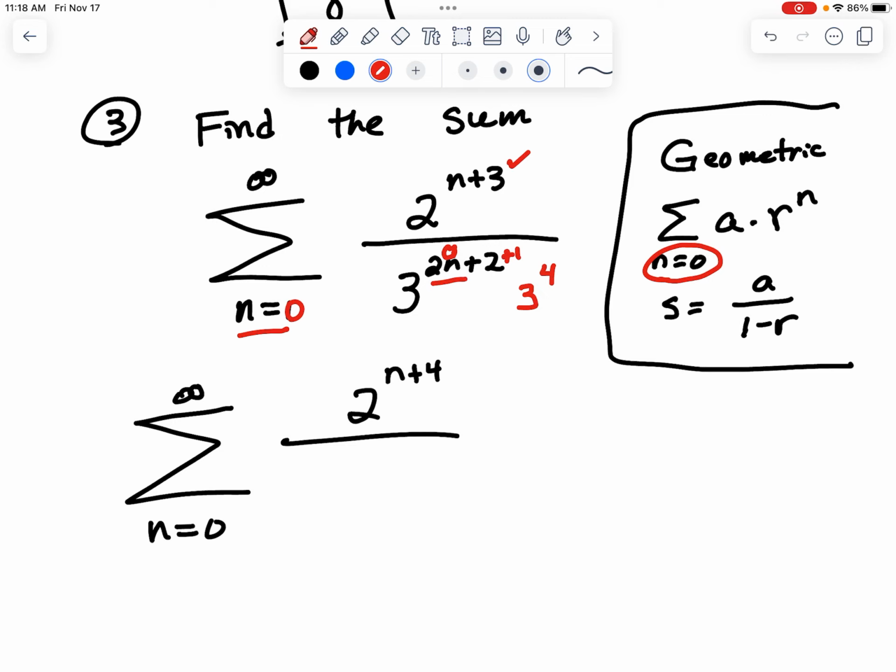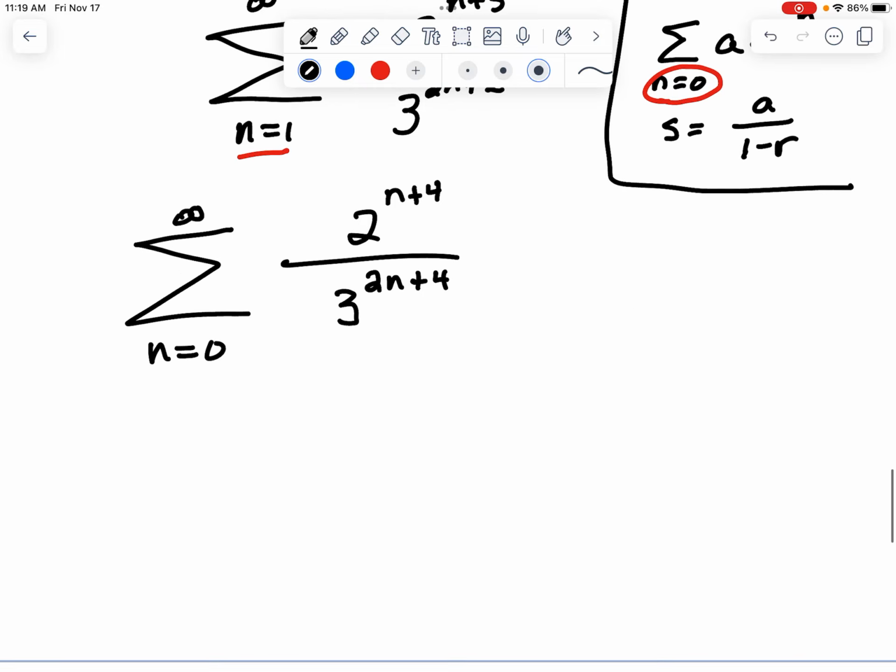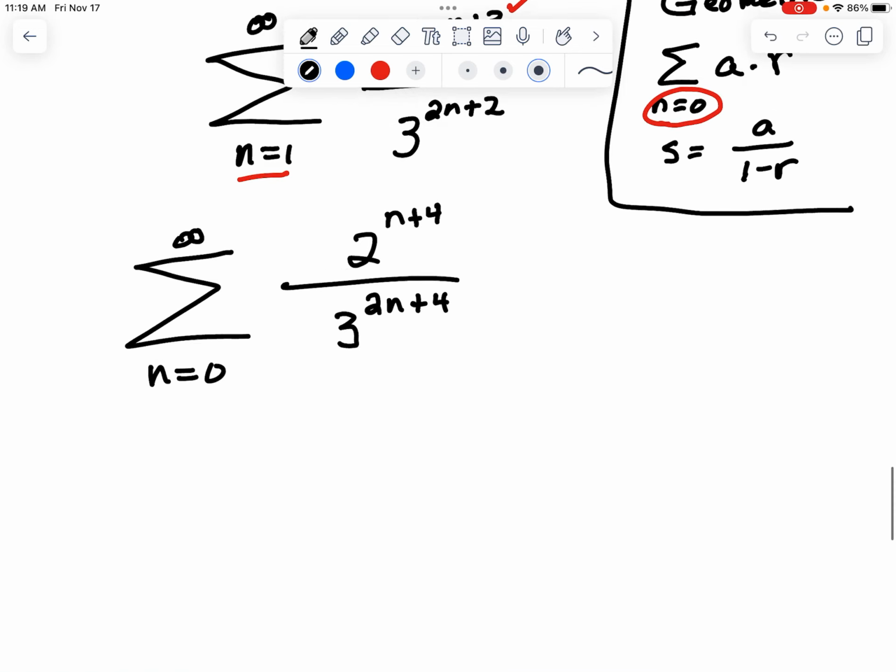So because of this 2n, we actually have to add 2 instead of 1. So on the bottom, we actually have to add 2. So it's going to be 2n plus 4. Okay, now I need it to just have 2 to the n and something to the n on the bottom.